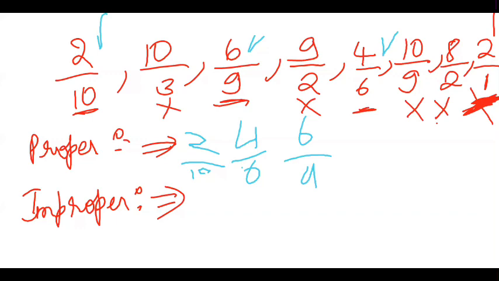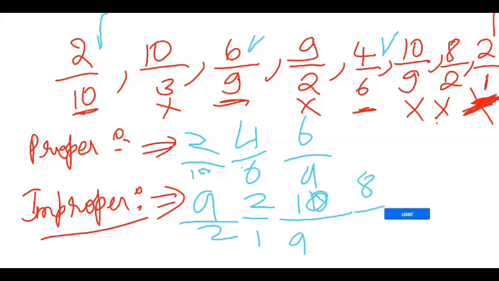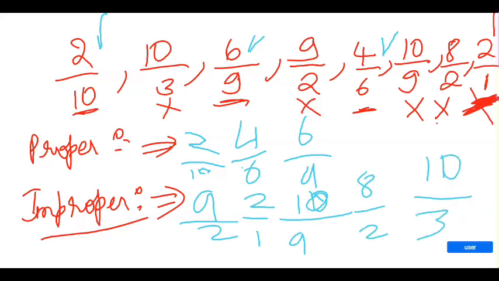So now tell me what are the improper fractions? 9, 2, 1, 10, 10, and 9, and 8, and 2, and 10, and 3. Excellent. Five improper and 4 proper fractions. Very good. So you have learned easily to distinguish between proper and improper fraction, mashallah.